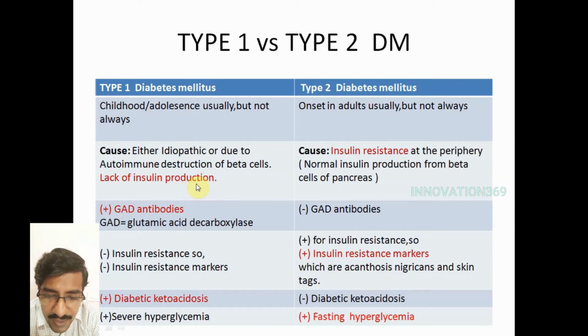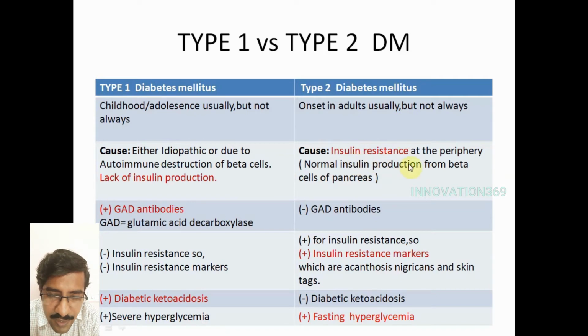So once again, in type 1 diabetes mellitus, there is beta cell destruction, lack of insulin production, but there is no insulin resistance at the peripheral level. Now what is the cause for type 2 diabetes mellitus? In type 2, the beta cells of pancreas are functional, which means the insulin production is normal, but the insulin cannot act at the peripheral level because of resistance at the insulin receptor level.